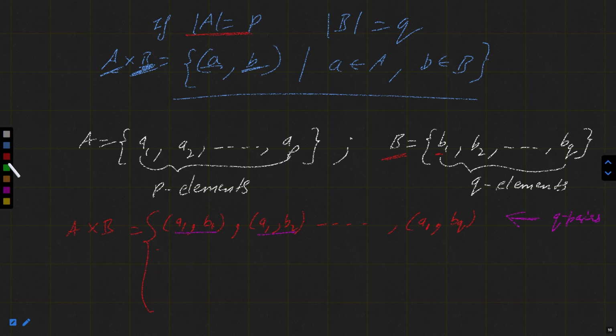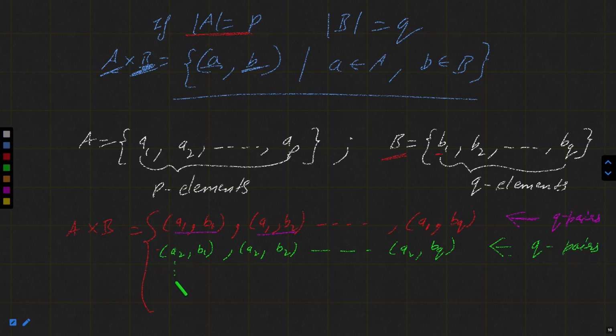Same thing I can do with A2. A2 pairs with B1, A2 pairs with B2 and so on till A2 pairs with BQ. So in this row how many pairs have I got? Q number of pairs.